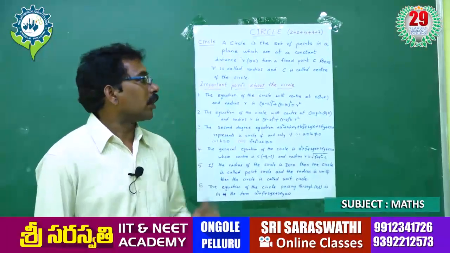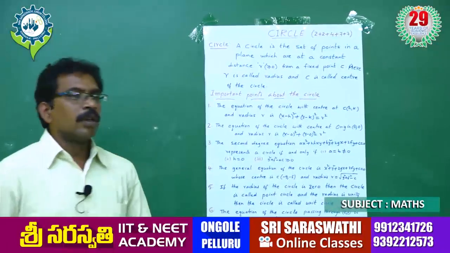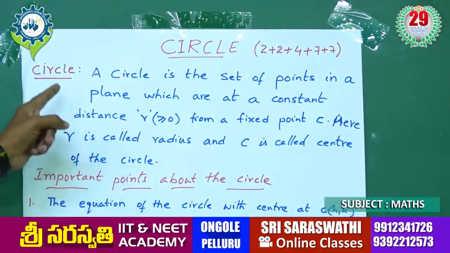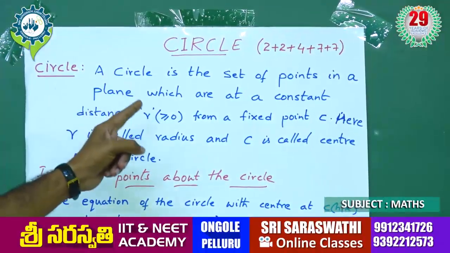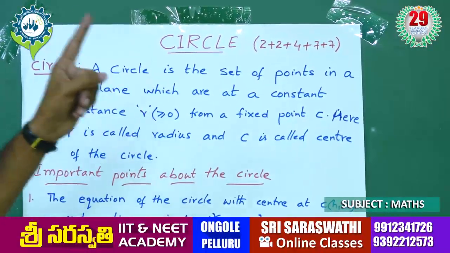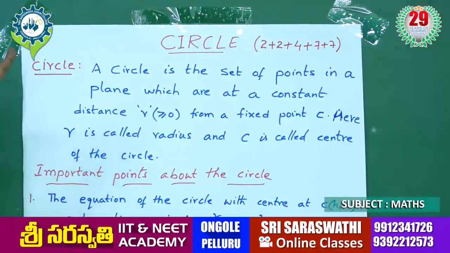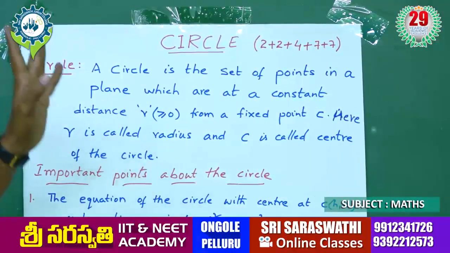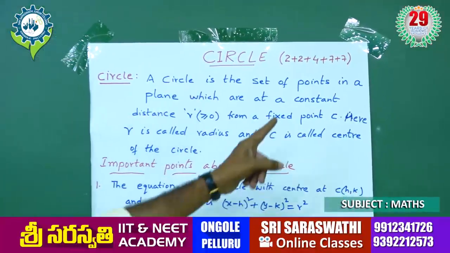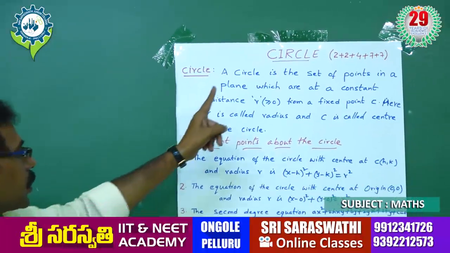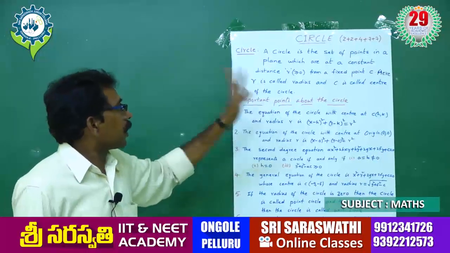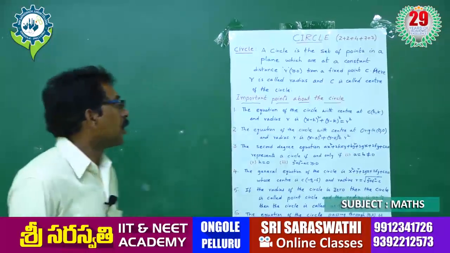Now, first of all, circle. What is meant by a circle? A circle is the set of points in a plane which are at a constant distance r, greater than or equal to 0, from a fixed point C. Here r is called radius and C is called center of the circle.